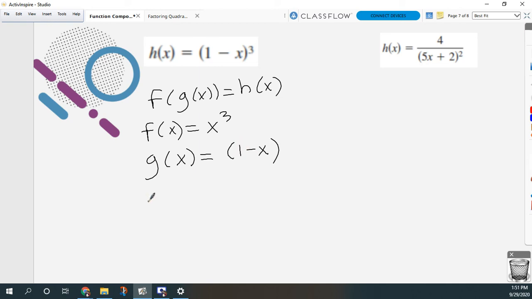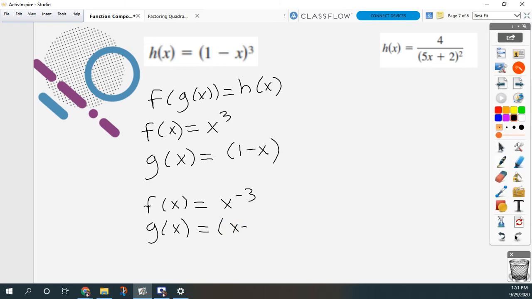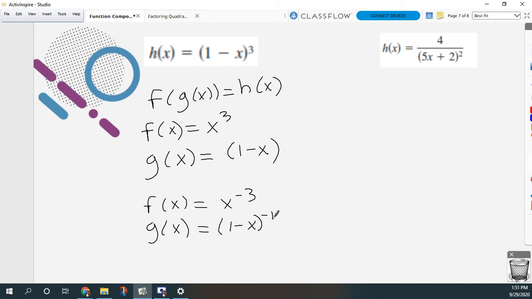We could also have f of x equal x to the negative third, and g of x could equal 1 minus x to the negative third. Again, those are just a couple of options. There's going to be multiple options. So as long as the two functions that you pick work, then that's fine. That can be an answer.